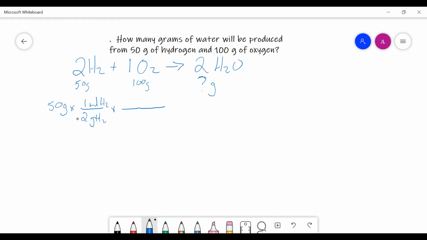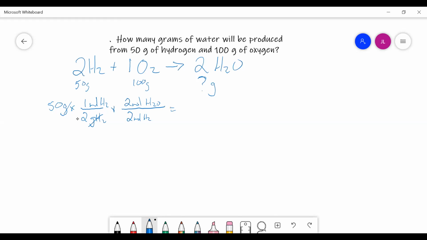Now that gets rid of our grams of H2. So now we're going to go from moles of H2 to moles of H2O. So I'm going to have 2 moles of H2, 2 moles of H2O. Again, just our standard stoichiometry.